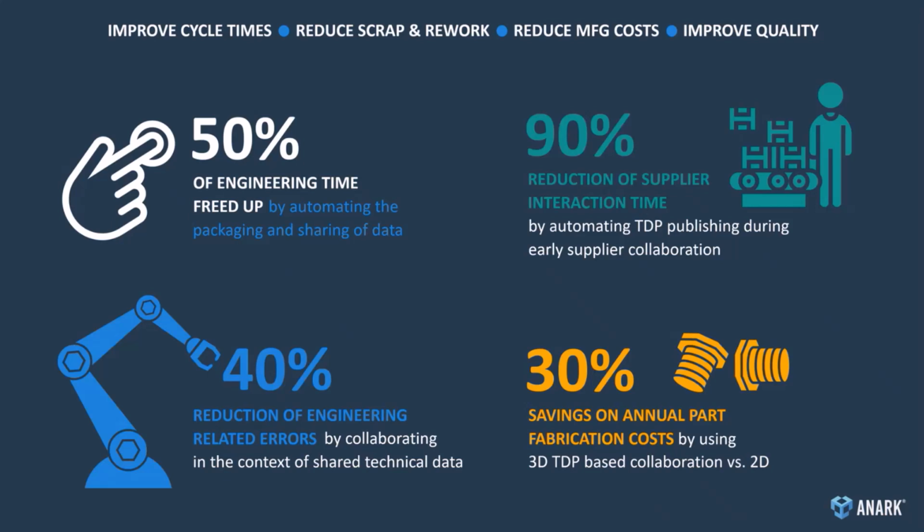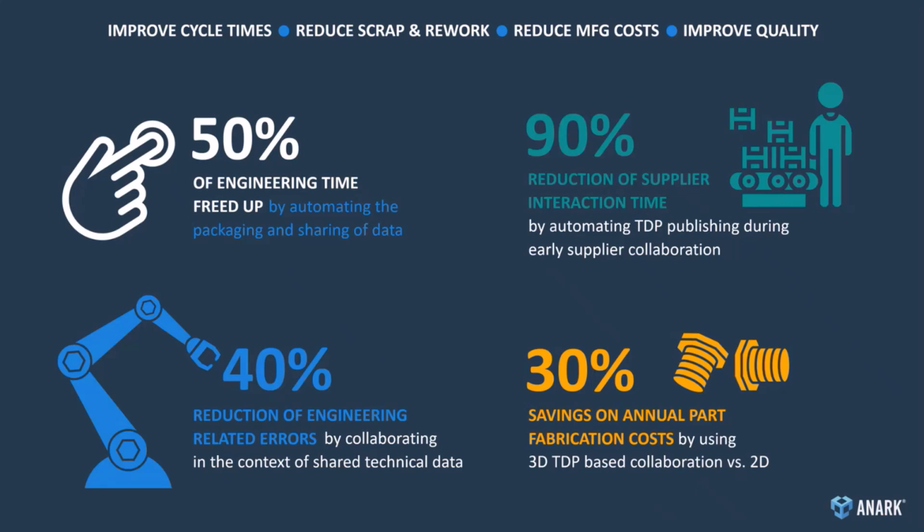A reduction of engineering related errors that find their way out into the supply chain, that find their way out into the manufacturing shop floors internally. Reducing engineering errors dramatically reduces the scrap and rework that drive a lot of unforeseen or unplanned manufacturing costs. And then just simply annual part fabrication costs in general.